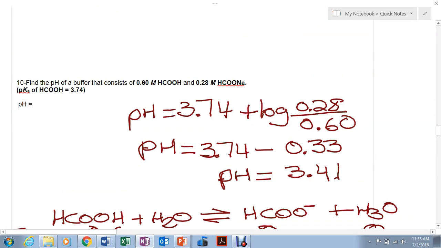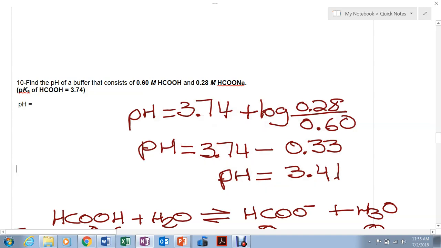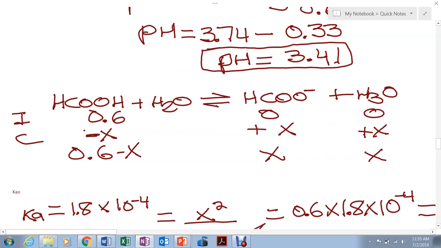I did the math, so this over here, this is the pH of the buffer solution with a weak acid and its conjugate base, 3.41. If we do the acid by itself, formic acid, the Ka of formic acid is 1.8 times 10 to the negative 4. And we do the ICE table.